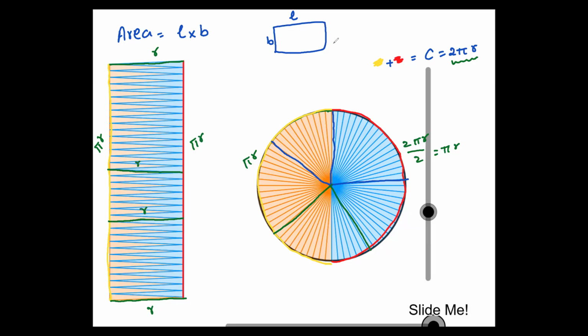We know the area of the rectangle is length times breadth. So the area of this will also be length times breadth. We can say this is length and this is breadth. So length is pi r and breadth is r, which makes it pi r squared. So that's how the area is pi r squared.